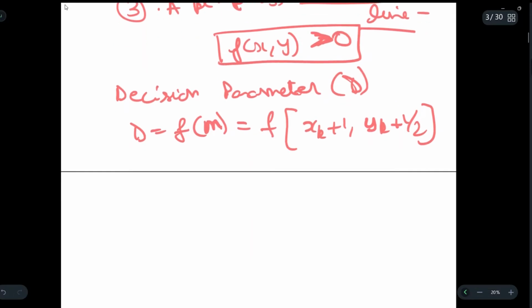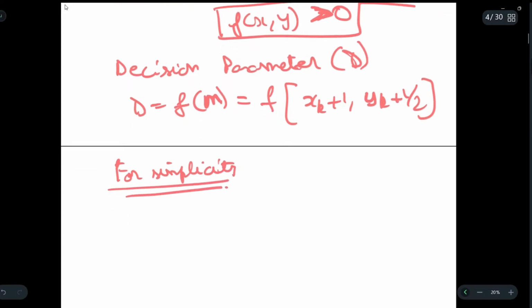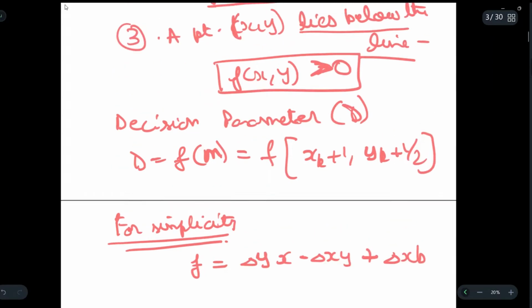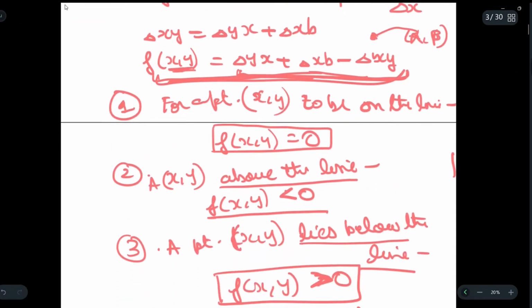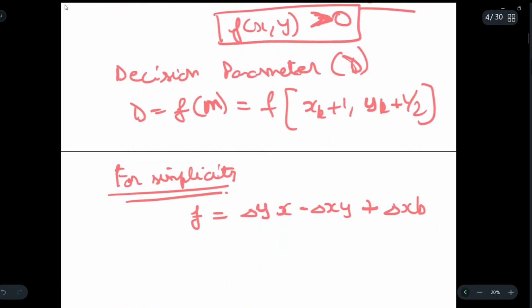Now for simplicity, in order to make our calculations easy, let us consider something. That is, we know that we found out f(x, y) to be del y x minus del x y plus del x into b.